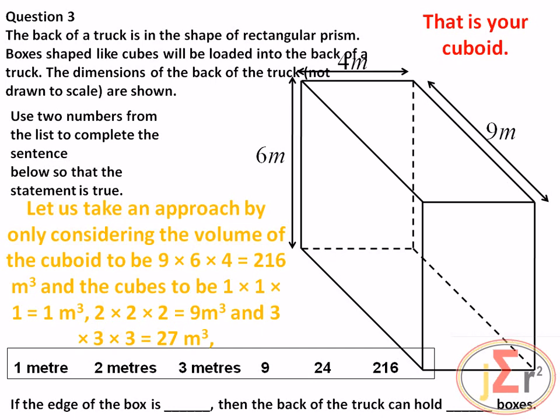The one with edge 2 meters will be 2 by 2 by 2, which will be 8 cubic meters. And finally we have 3 by 3 by 3 for the cube of edge 3 meters, and that will give us 27 cubic meters.